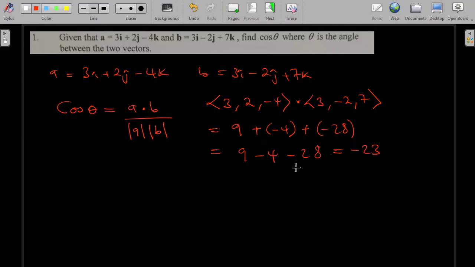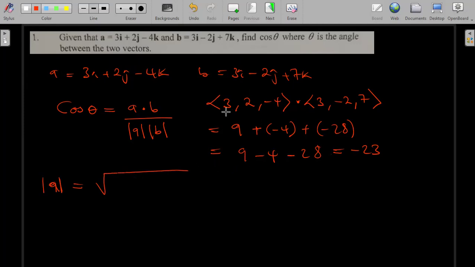So what do I do next? Next we find the magnitude. I have to find the magnitude of A. The modulus, in this part of the course, means the magnitude, and it is defined as the square root of the sum of the squares of every component of that vector.